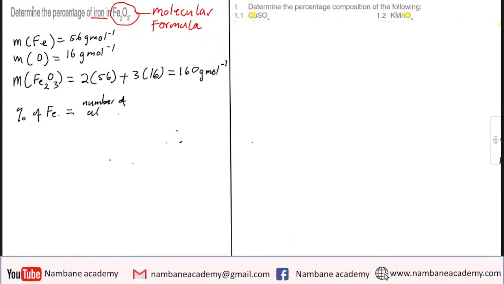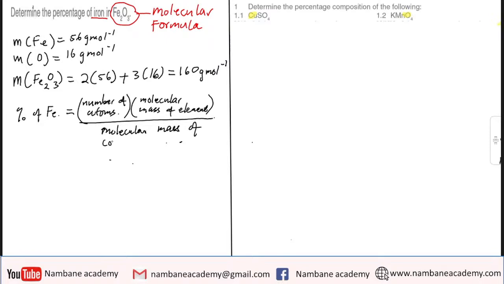Number of atoms multiplied by molecular mass of element divided now by molecular mass of compound multiply by 100. Then it becomes easy. It's just now a matter of substitution.